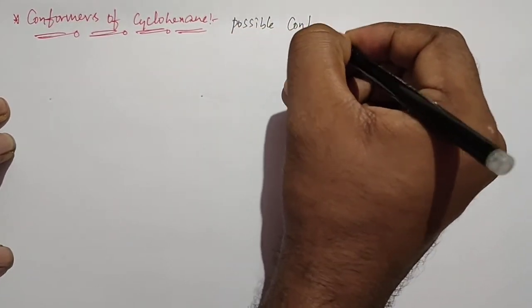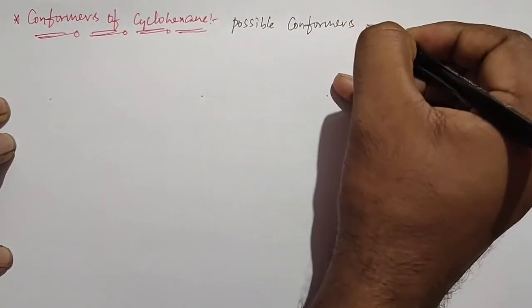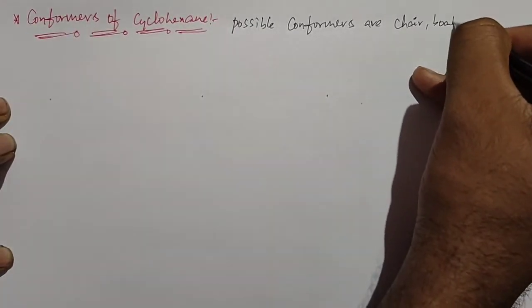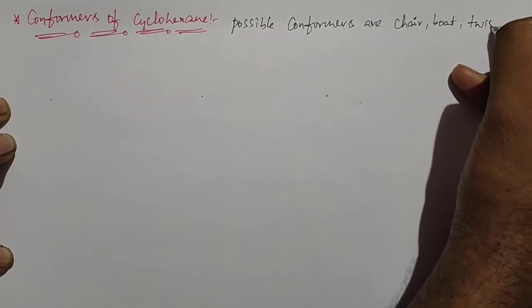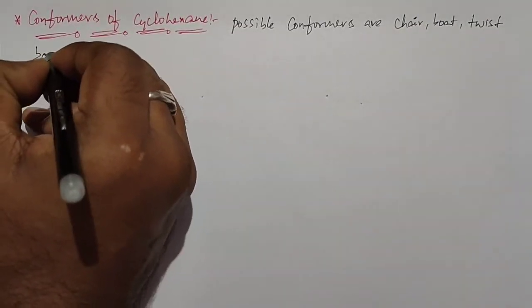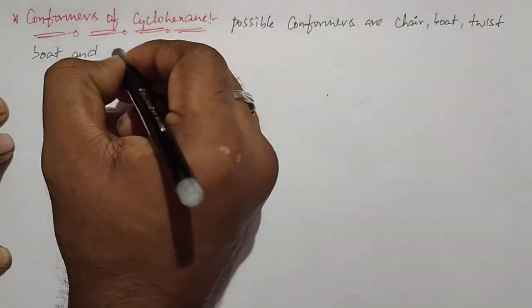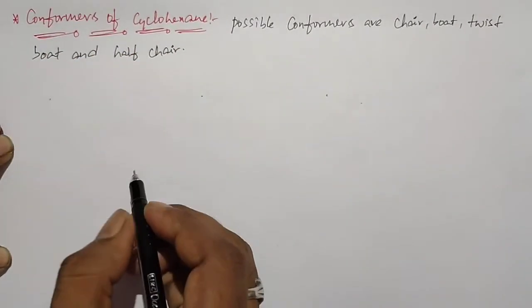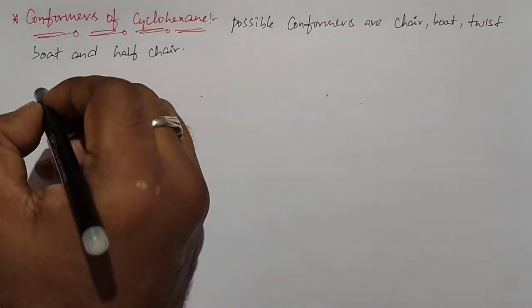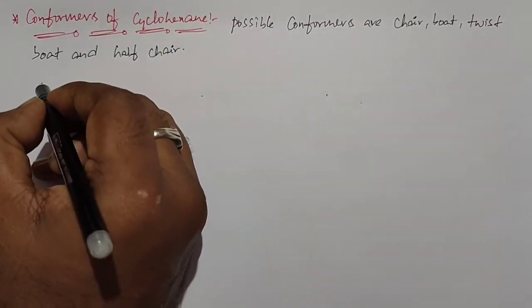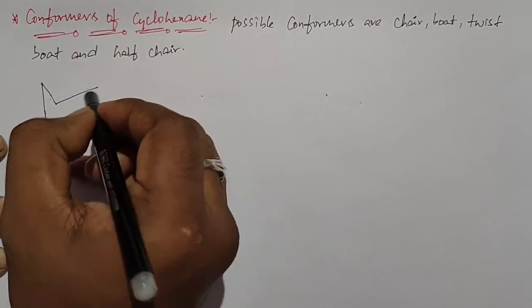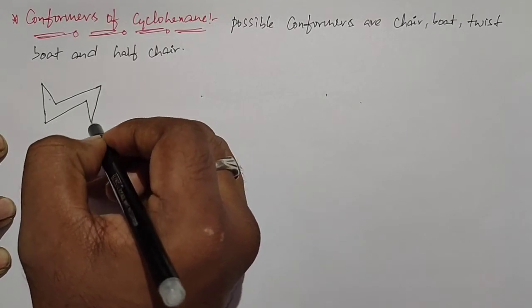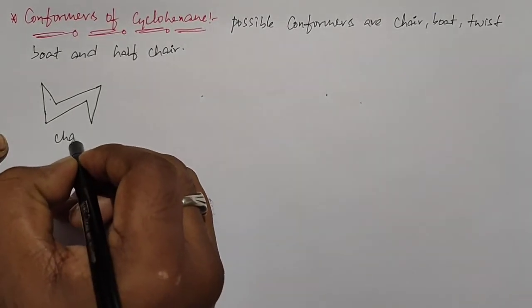The possible conformers are chair, boat, twist boat, and half chair. These are the possible conformers of cyclohexane. We will see them one by one. This is the chair form.